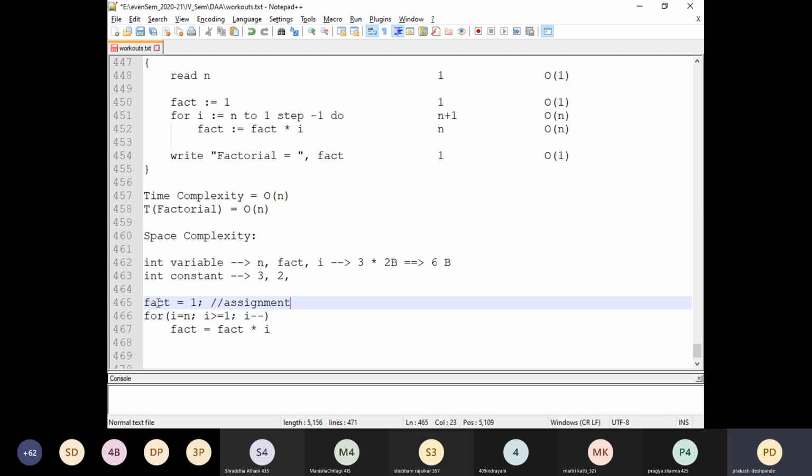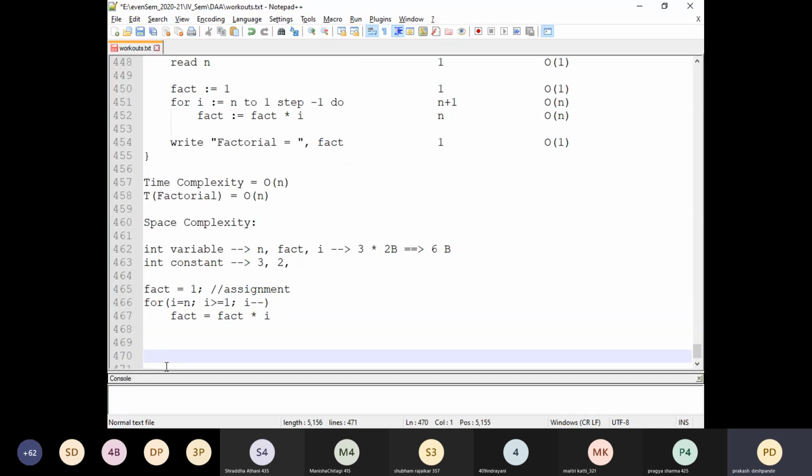Now, assignment statement means always left hand side will be a variable. This particular variable we are assigning certain value. Isn't it? Left hand side is a variable for which we are assigning a certain value. That means there is certain memory space for this particular fact, which we have already considered as part of our calculation here.